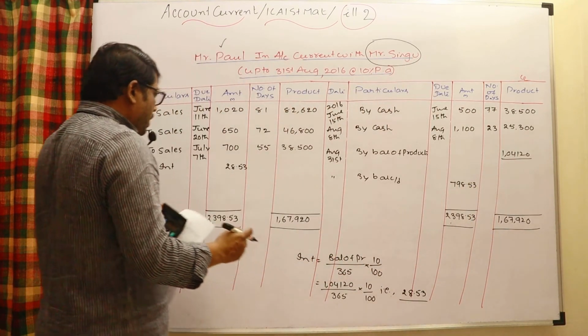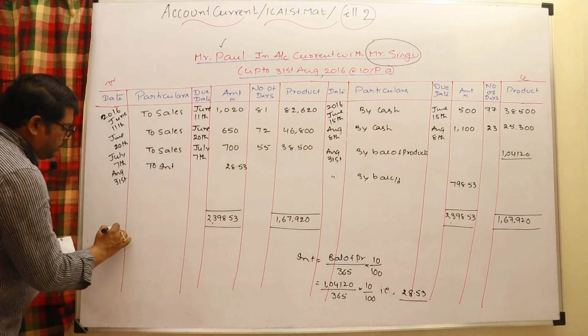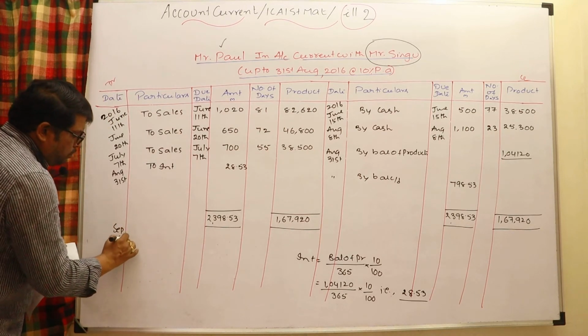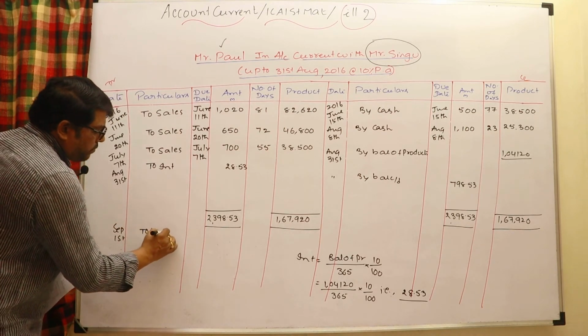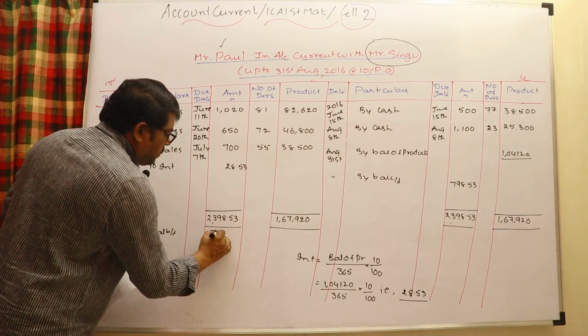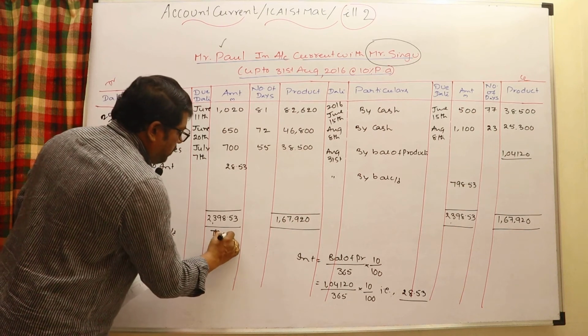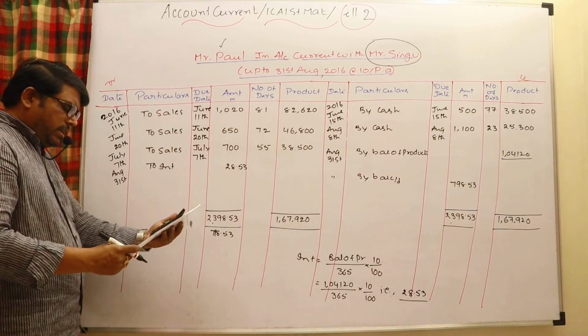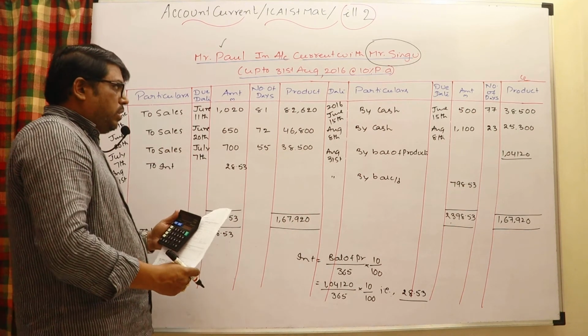To balance brought down, September 1st, 798.53. Okay, that is the balance.